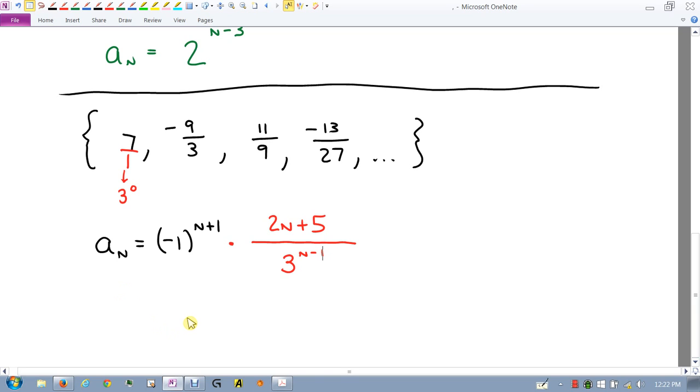All right? Now, some sequences you can't come up with a formula for, like this one, the famous one. I may have given it away already.